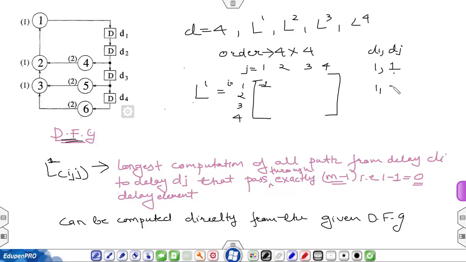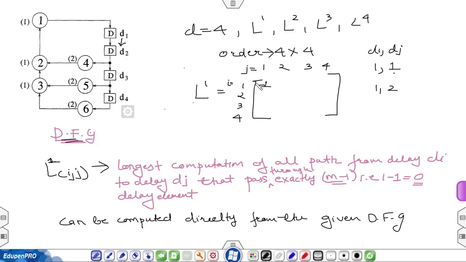Calculating 1 comma 2. There is a direct path between 1 and 2. There is a directed edge, so there is a directed path. This is the direct path from 1 to 2, and there is no computation element present. So the computation time is 0, and there is no alternative path from 1 to 2. So we have started from D1, we have traveled to D2, and no other delay element was in between, and the computation time is 0.